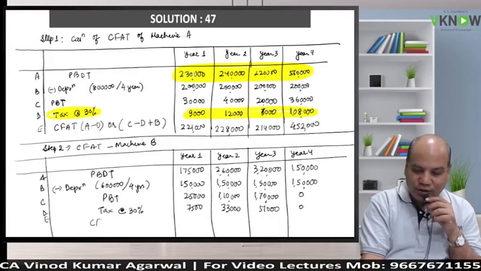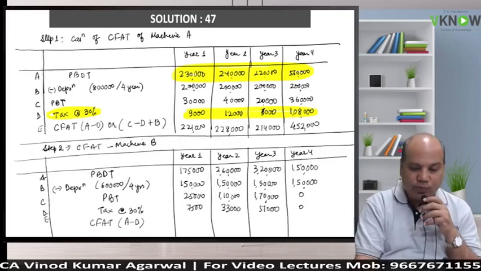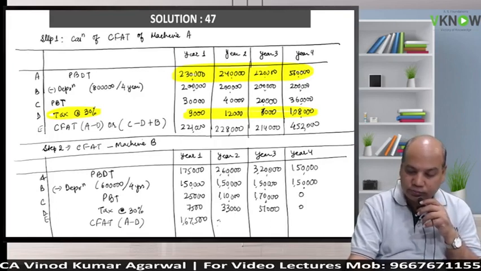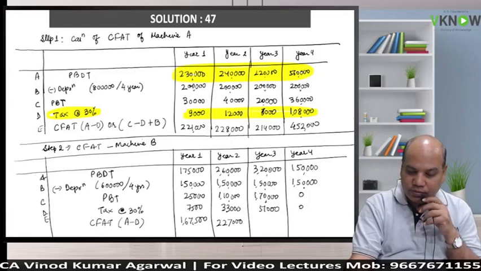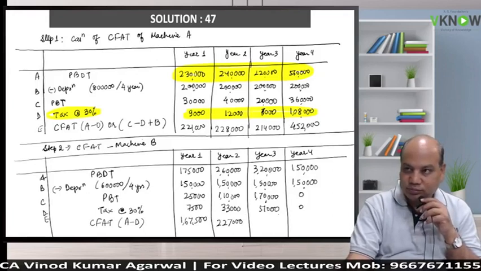Now write down CFAT, same format, A minus D. A minus D will help you do it faster. 1,67,500. 2,60,000 minus 33,000 is 2,27,000. 320 minus 51 is 269.